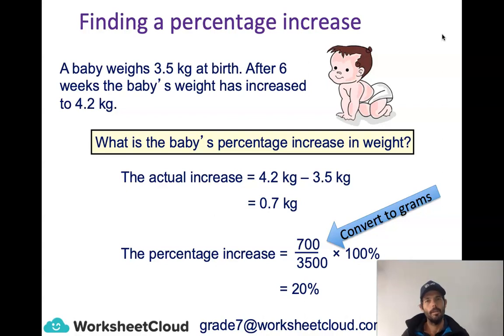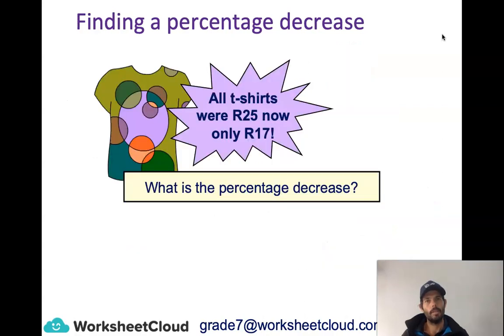All right. If we have a look at a percentage decrease, this is something that you'll see quite often in shops. You'll go into a shop and perhaps a 25 Rand t-shirt has been reduced to 17 Rand, and now you can calculate what is the percentage decrease. The same thing applies, you need to first find out the actual decrease.